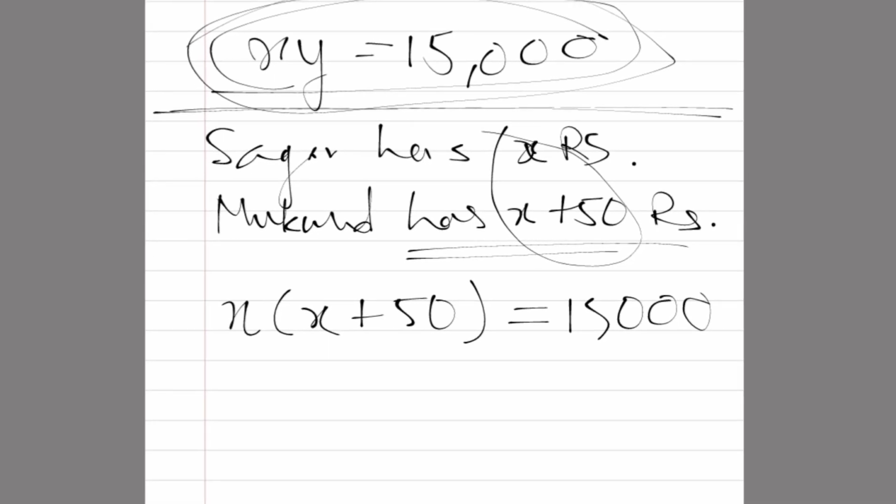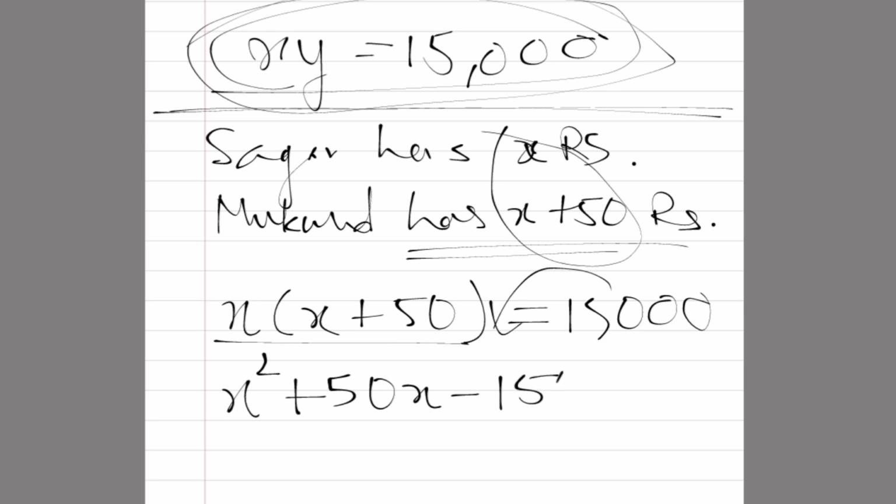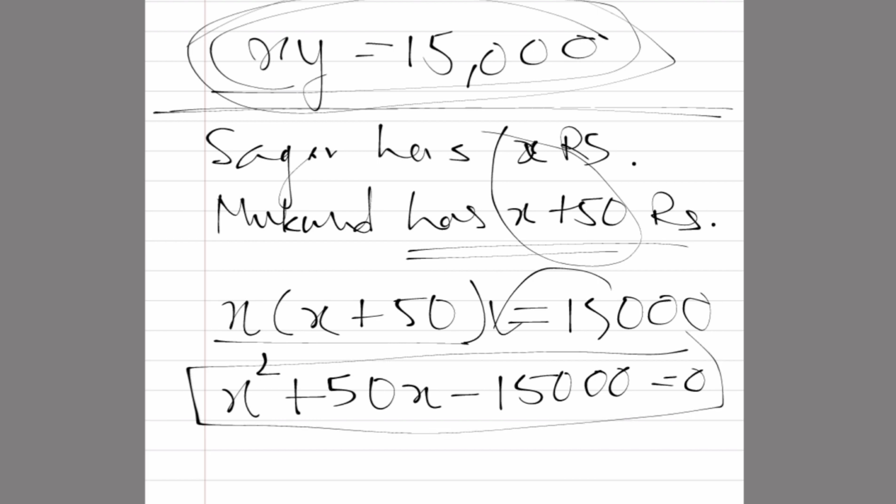Now multiplying these two terms, x into x plus 50, we will get x square plus 50x. Taking this term on the other side, what we will get is minus 15,000 is equal to 0.